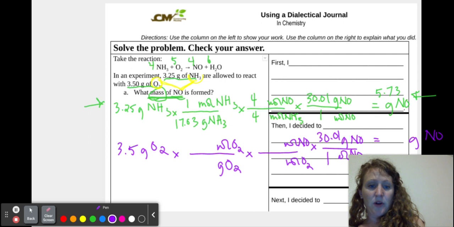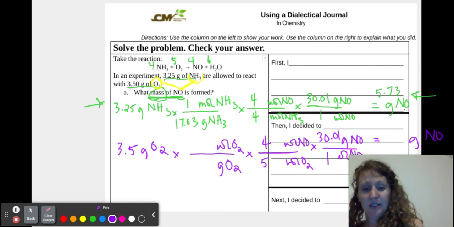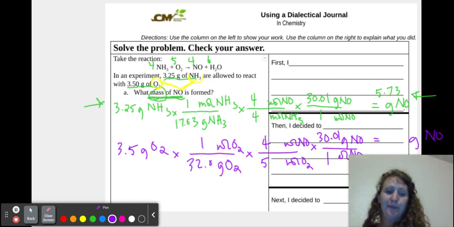Now I have 4 NO to every 5 O2. Now I need the molar mass of O2, so I add up oxygen plus oxygen. That's 32.0 grams in 1 mole of oxygen.